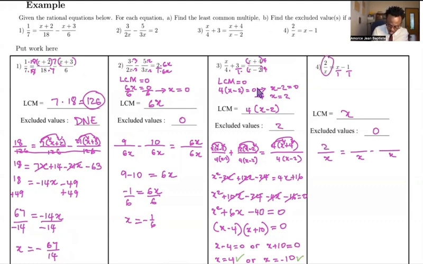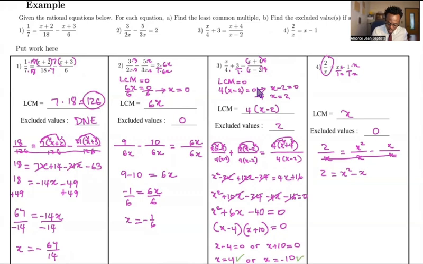This one was 1, so we multiply everything up and down by x, makes this x squared. Same thing here, you multiply up and down by x, it's x up here. So now we can eliminate the denominator because it's common. So that's 2 equals x squared minus x.